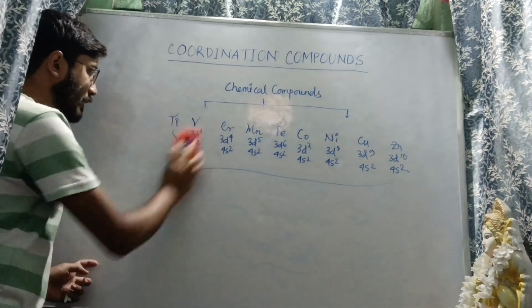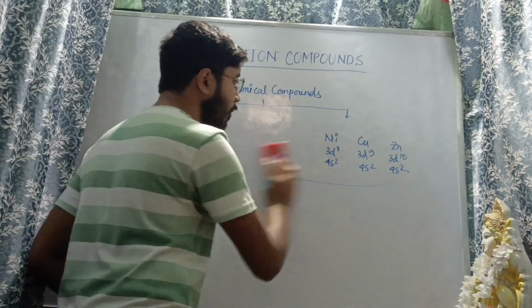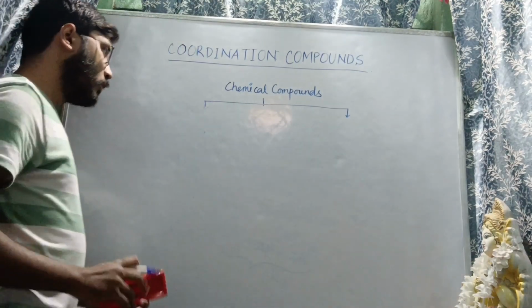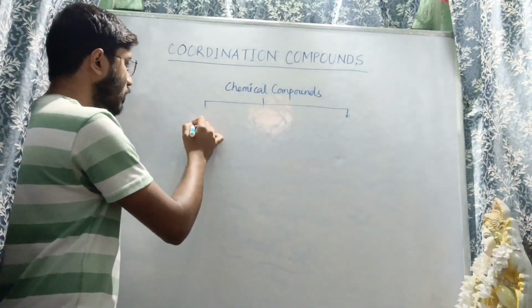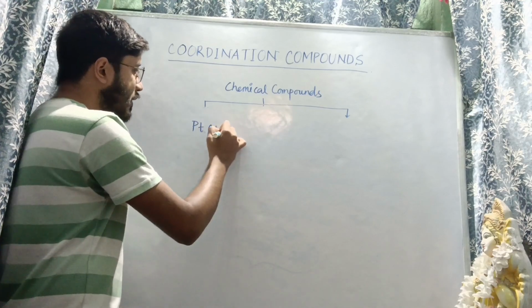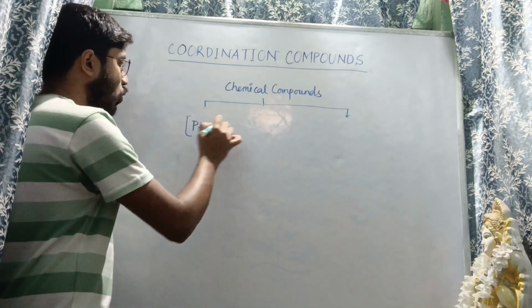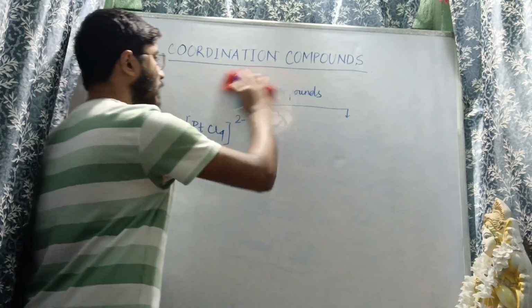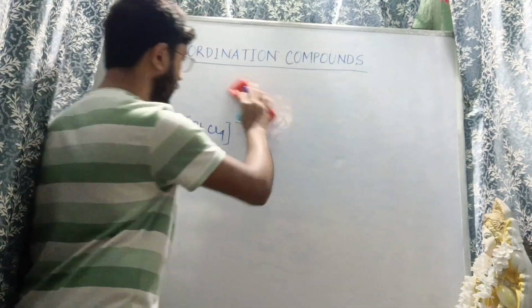So let us discuss some bonding parameters of coordination compounds. Take PtCl4 2 minus.